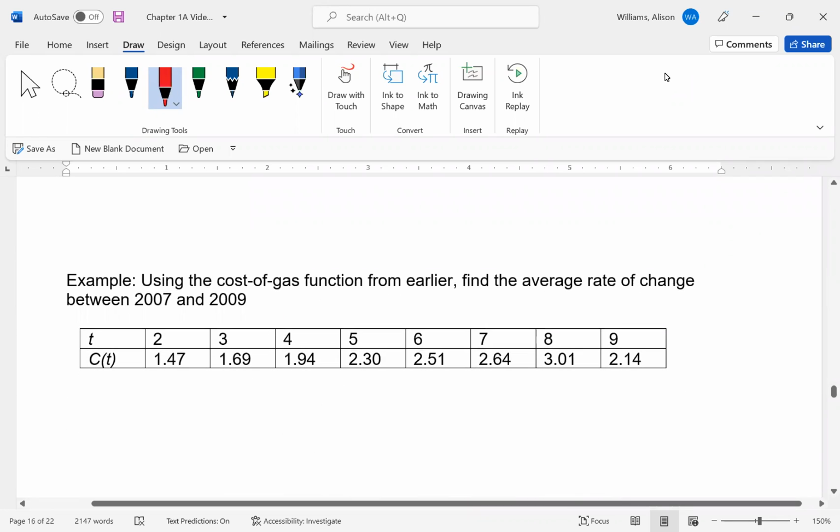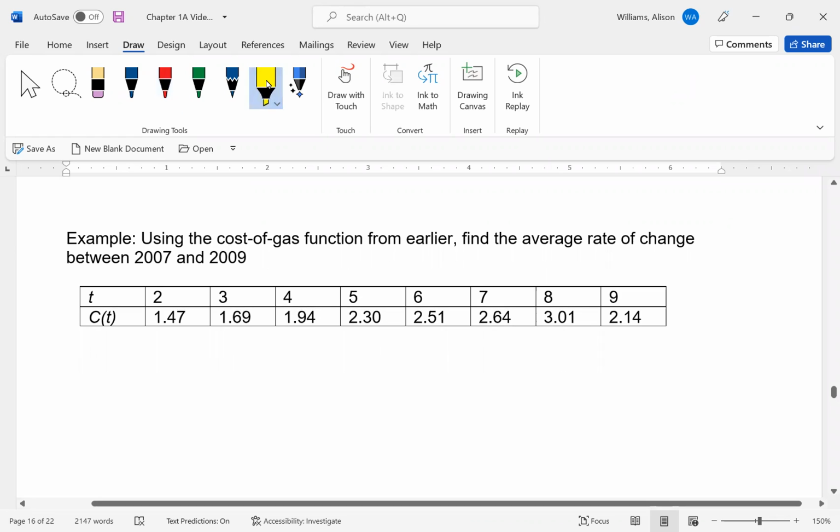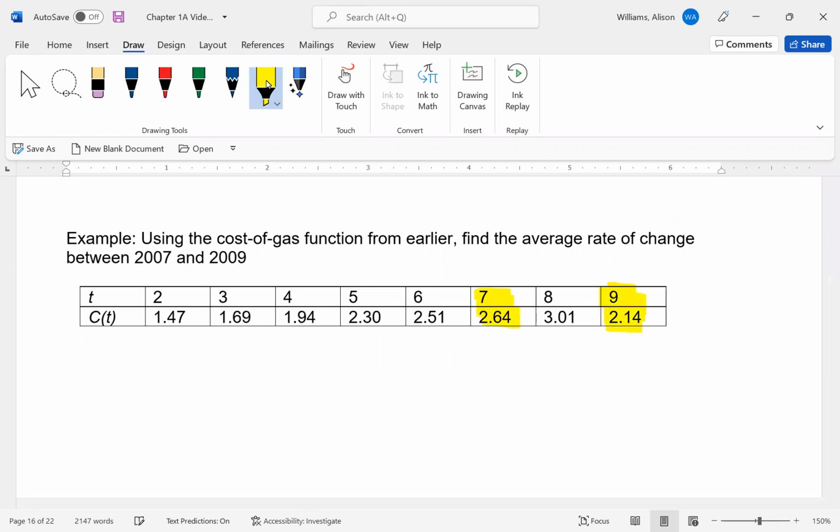Let's change the years on the last example. So this time let's use 2007 to 2009, which means we're going to use this data value and this data value. Now, notice what we have chosen is two data values where we're actually going to see a decrease in price. So these would be our X values, and these would be our Y values in the formula that we just wrote above.